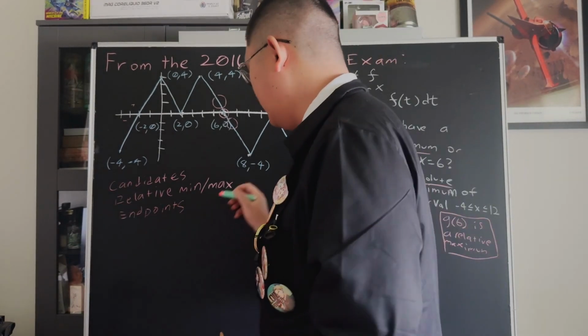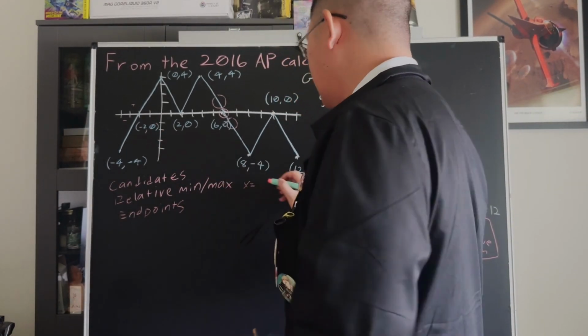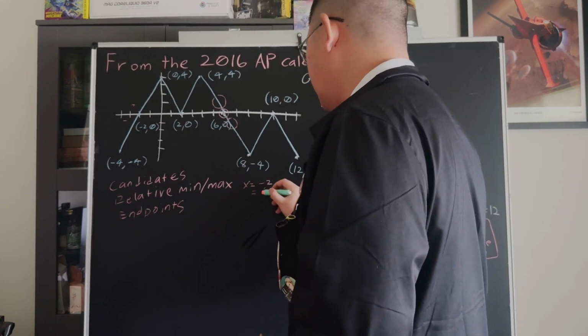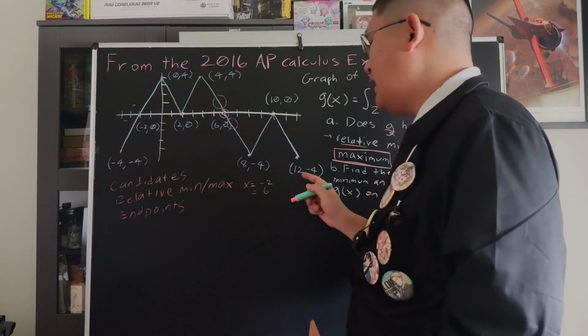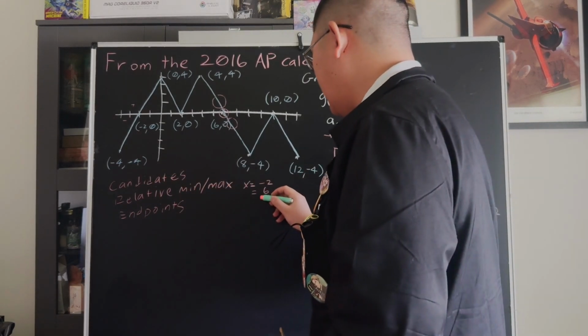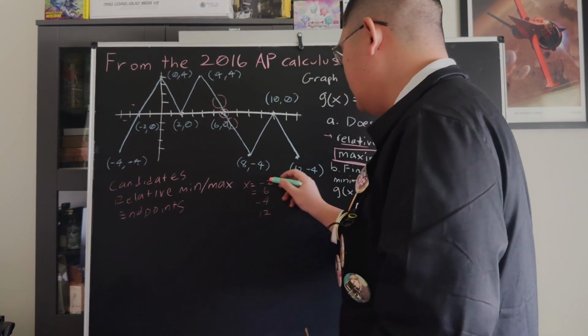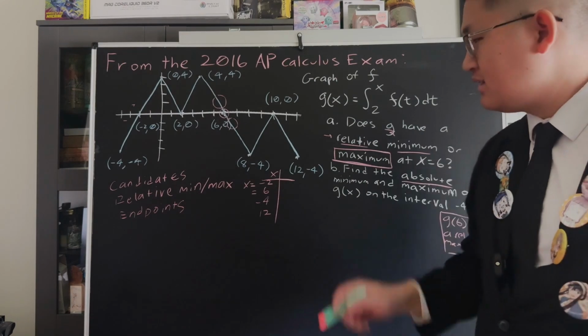Okay, so for our relative points, we have x equal to -2, and we have it also equal to +6. And again, the endpoints, which will mean it's -4 and +12. We need to check those as well. So -4 and +12. These are the 4 candidates that we will choose on the side of x.